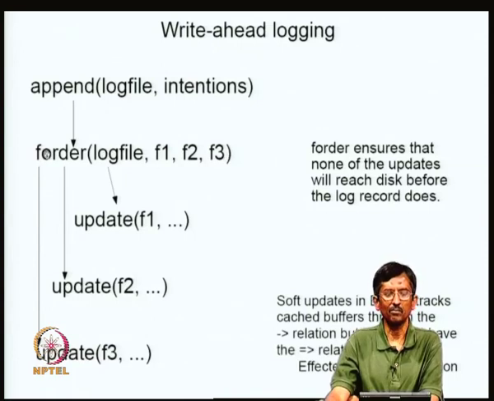Then I basically have F order log file F1, F2, F3. That means that the log file should be flushed to disk before I do any of these things, logically. That is, if this has become stable, then this also definitely has to be stable. There is no question about it, that is what I am asking you to do.